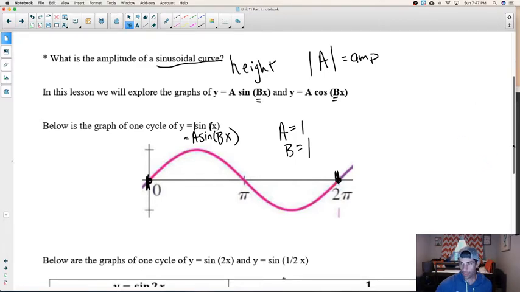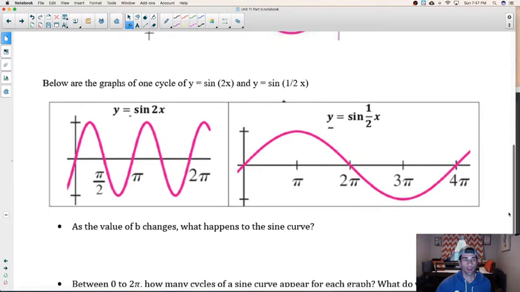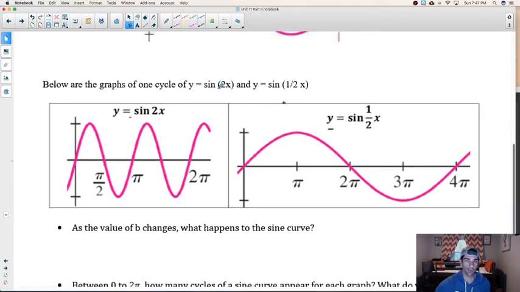All right, so now let's take a look at another one to see if this is all going to start to make sense. Now we have two more sine curves. One is going to be amplitude of 1, sine with a b value of 2x, and the other amplitude of 1 with a b value of 1/2 x. So here we have the graph, and if you look, it goes down, up, down, back here, up, down, and back here.